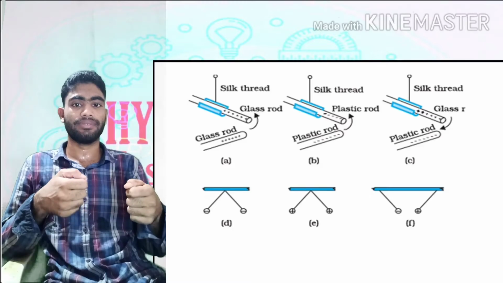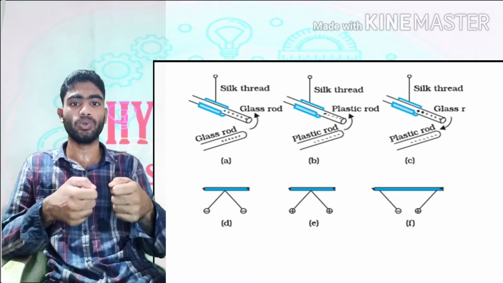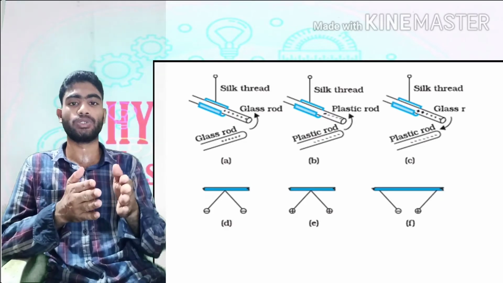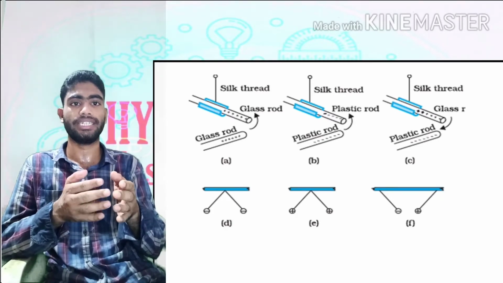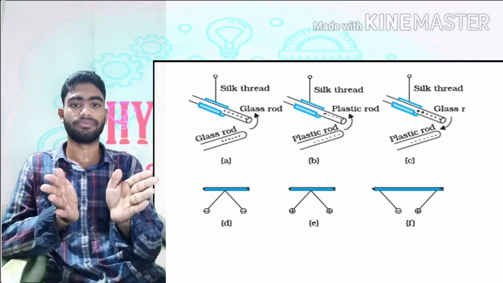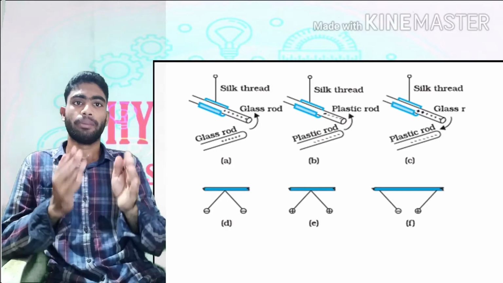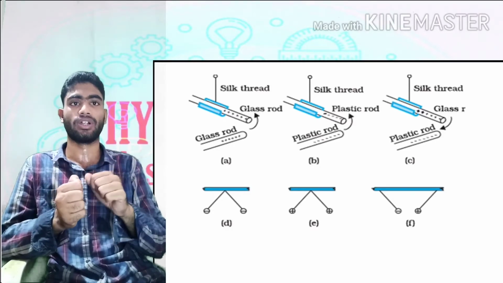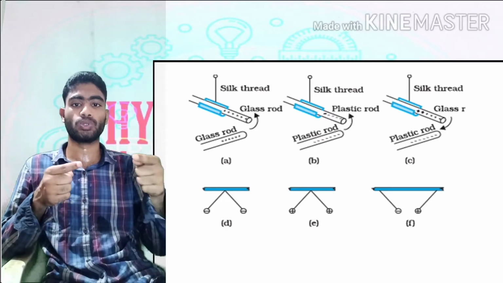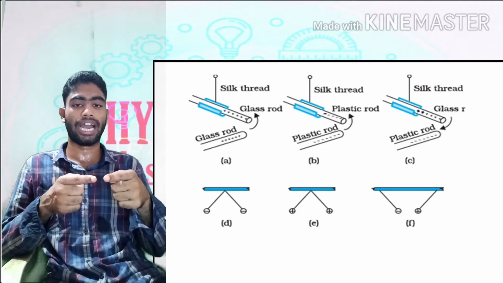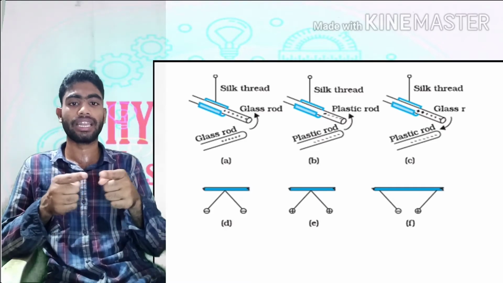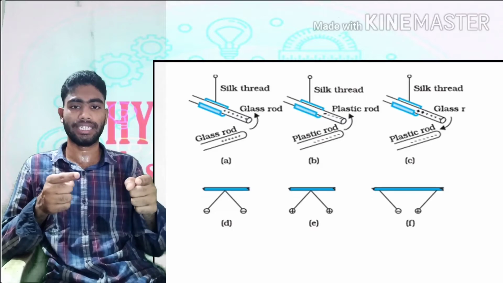Then he brought these two glass rods near each other, and he found that these two glass rods repel each other. Understand what I am saying? First he rubbed the two glass rods with silk thread, and after that he brought them near each other, and he found that they repel each other.